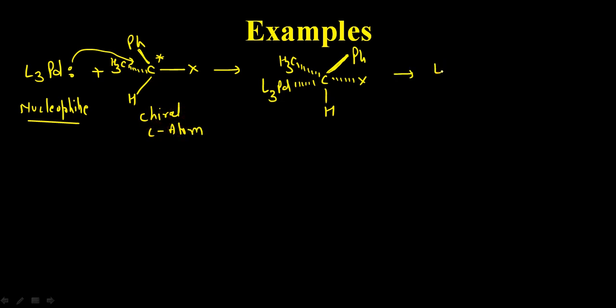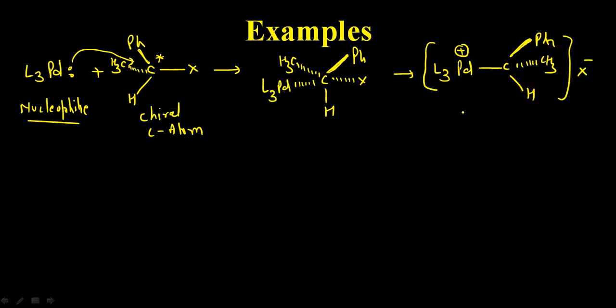After this, due to electron transfer, the metal center becomes positively charged. This is the carbon atom, methyl group, phenyl group, then H. There is formation of an ion pair. So this complex is positively charged, and this is the X negative which has been released from the chiral carbon atom.